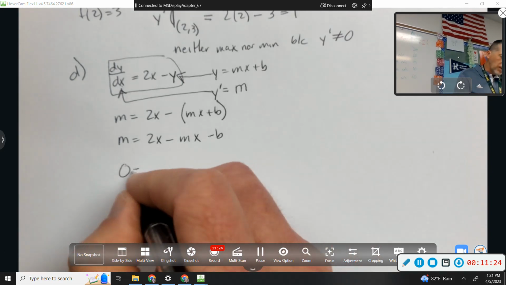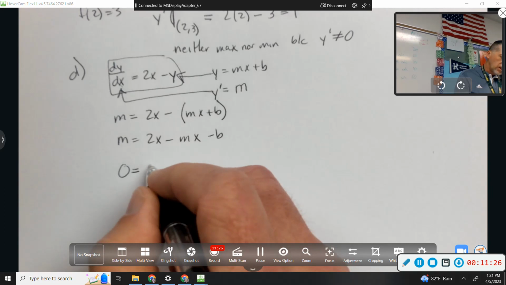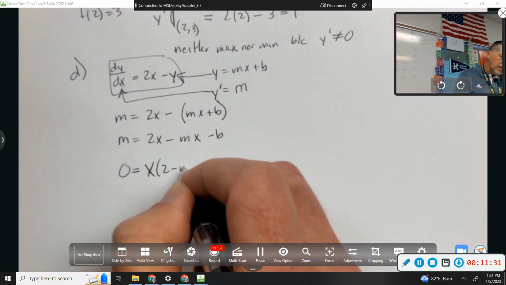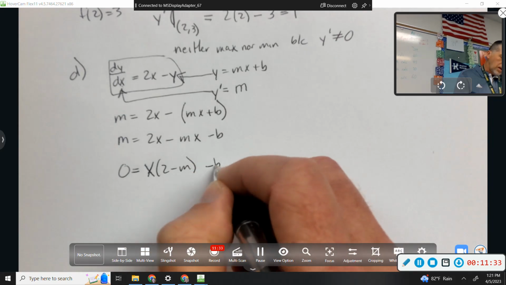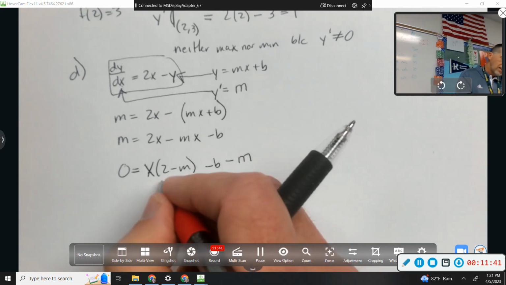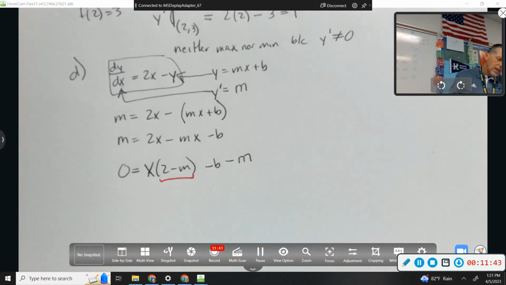I think I'll move the m over, so x times (2 minus m) minus b minus m. So if I want all that to go away, then I need the x coefficient to be 0.